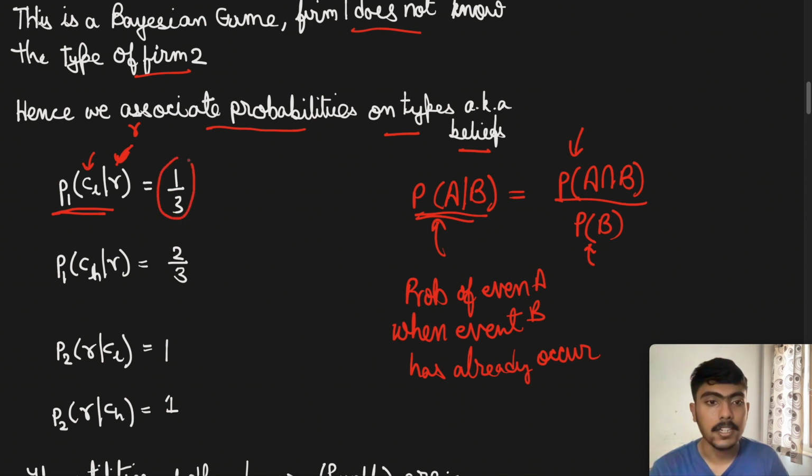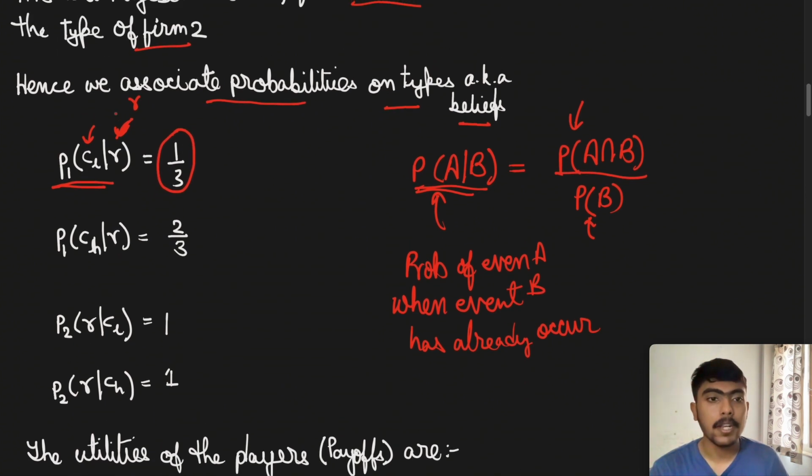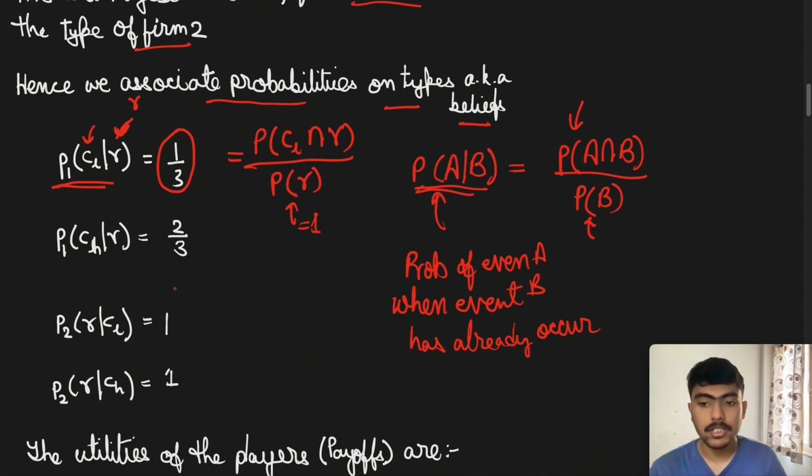That is 1 by 3. Because player 1 is always playing R, it does not impact the probability of player 2 playing any other strategy. So it will be P of CL intersection R over P of R, and P of R is always 1, because player 1 has only one strategy of its own. So this will be 1 by 3. Similarly, for the higher cost, that is 27, it will be 2 by 3.